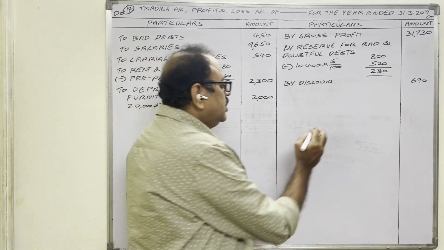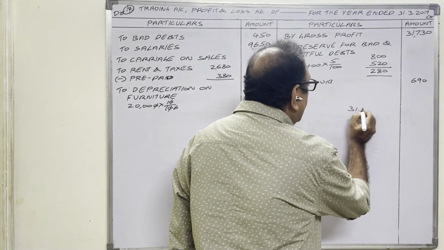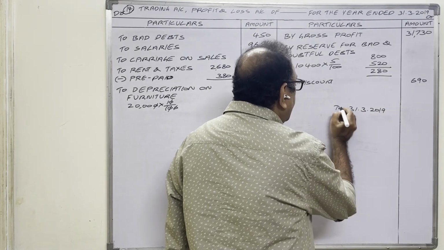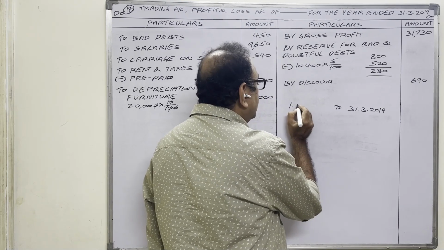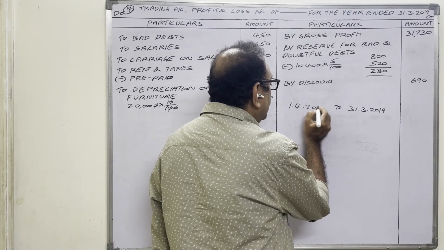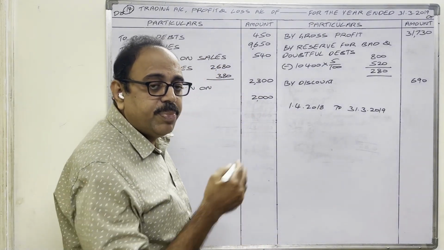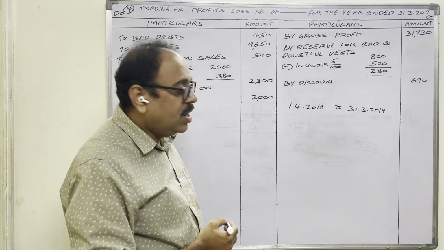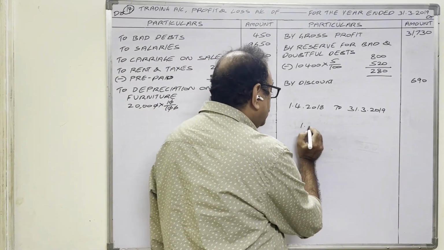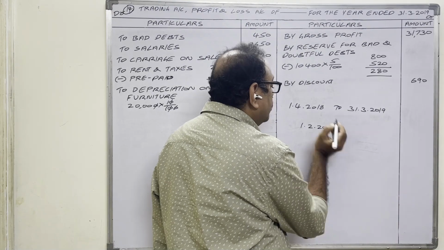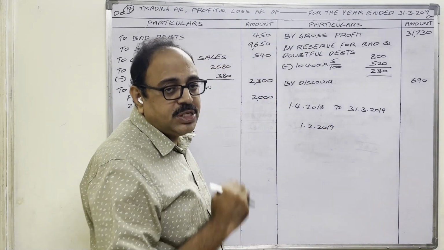Our current year's last date is 31st March 2019. Then the starting date will be 1st April 2018. Assume that we purchased goods from creditors on 1st February 2019 and we have taken 3 months time.